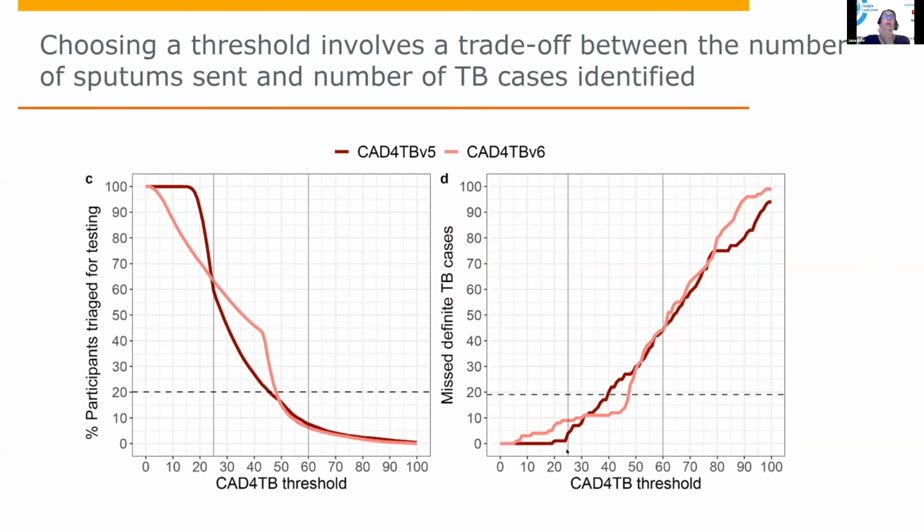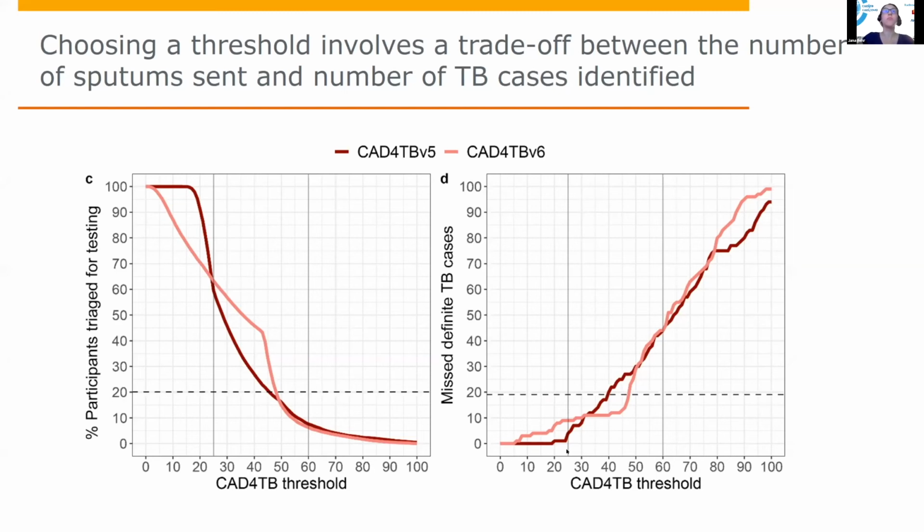At the end of the day, finding an optimal triaging threshold means that you have to balance the costs that are required for sputum testing with the number of TB cases that you want to find, or that would be missed if the threshold is too high, for example.